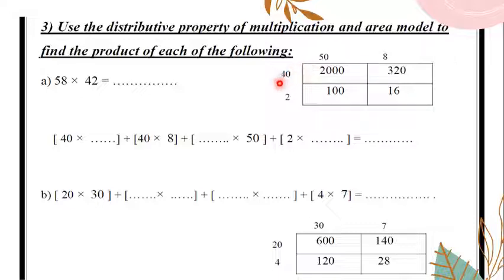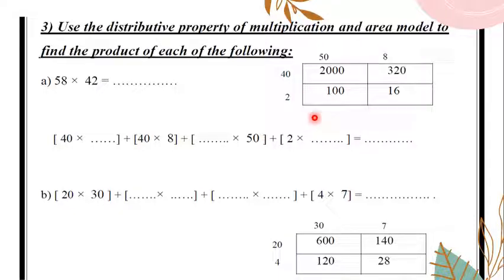He broke 42 into 40 and 2 and he already broke 58 into 50 and 8. The product of 40 times 50 he wrote for you here, and 40 times 8 he already wrote for you, and also 2 times 50 the answer is 100. 2 times 8 he already wrote for you, 18.